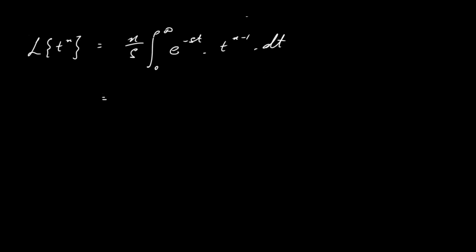If we just look at this part of our solution here, you can probably see that this is the formula for the Laplace transform with the function that we are inputting as t to the power of n minus 1. So this is really just equal to the Laplace transform of the function t to the power of n minus 1. So let's just write that out.